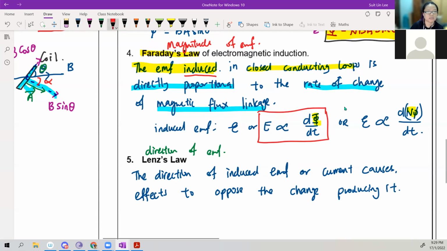The key word here is causes effects to oppose the change.